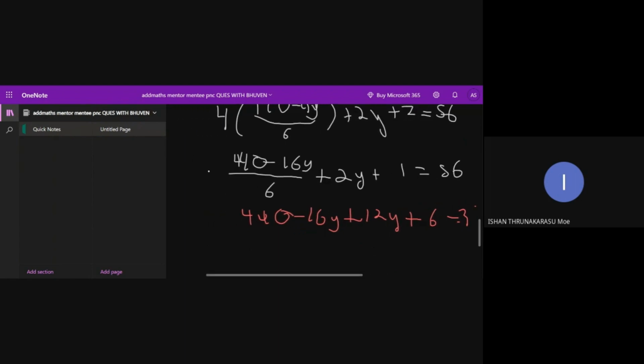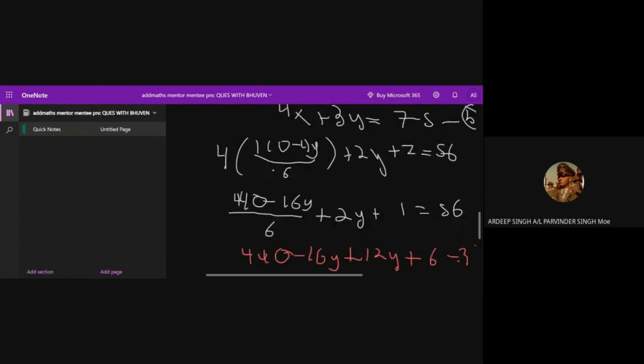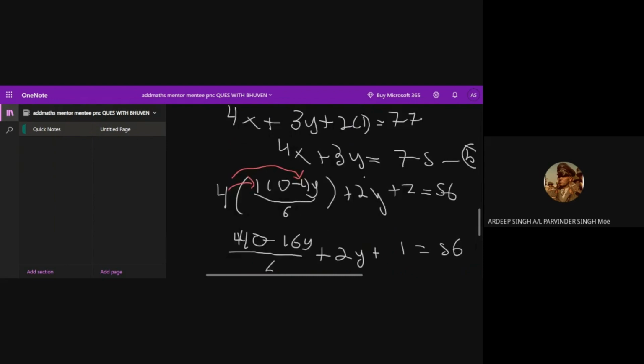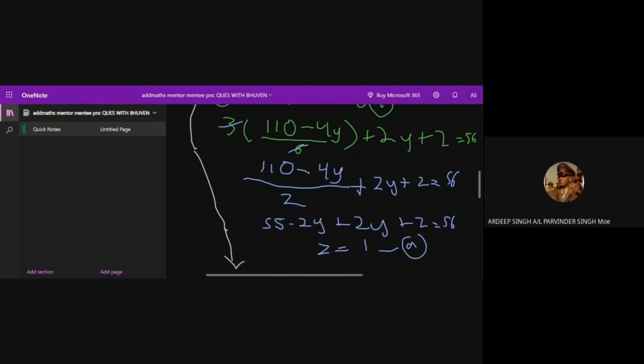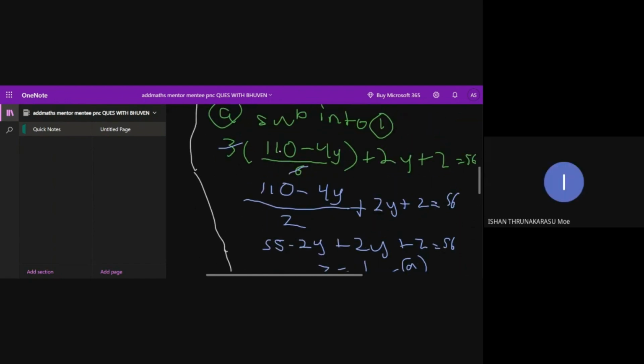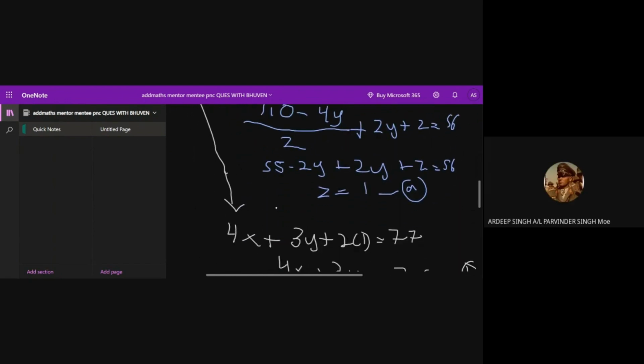You can cancel it off, or you can just times on top. Because if I bring the 6 up here, I can still divide with 6: 330 divided by 6, you get 55 still.